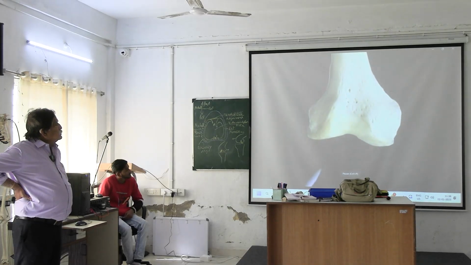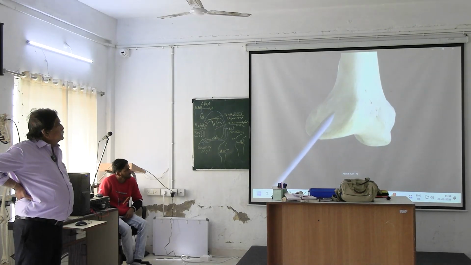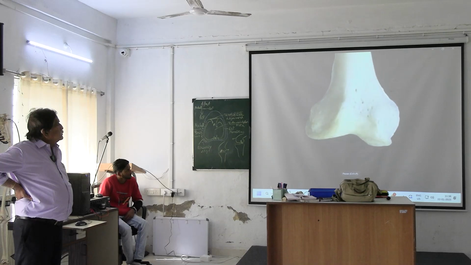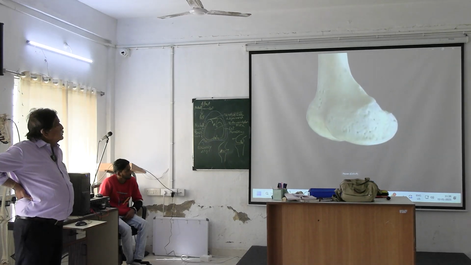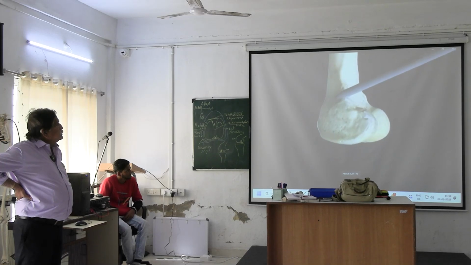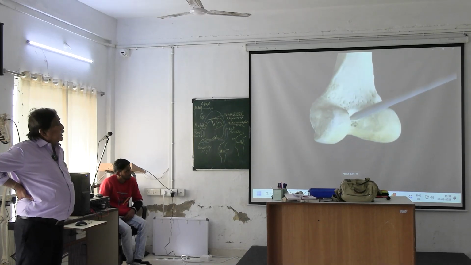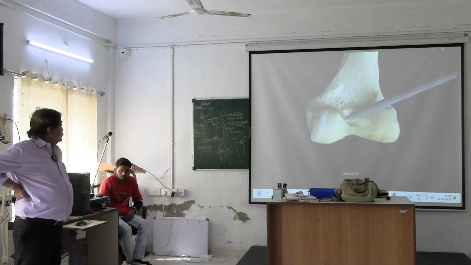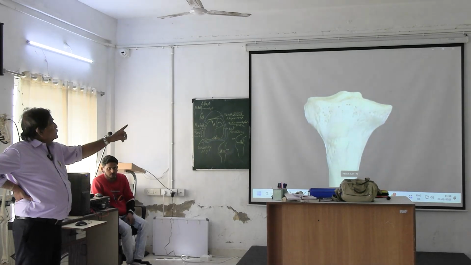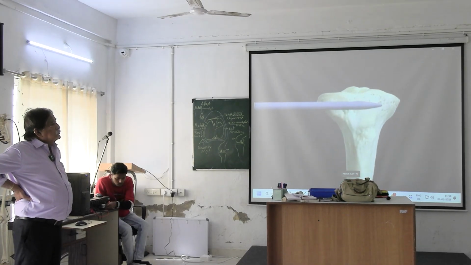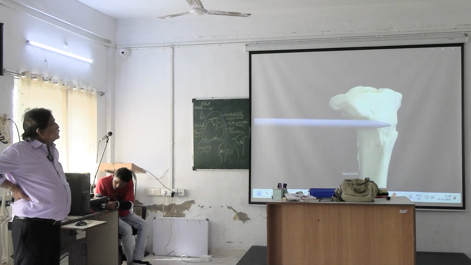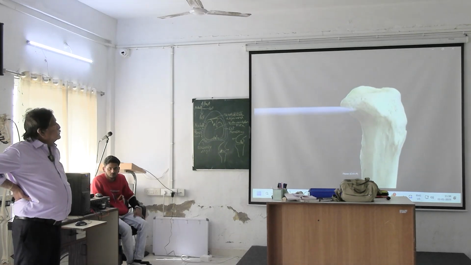On the femur is the lateral condyle and epicondyle, medial condyle and epicondyle, the adductor tubercle. This is the lower end of the femur. On the tibia is the lateral condyle, the medial condyle, the tibial tubercle, and the facet for the fibula.